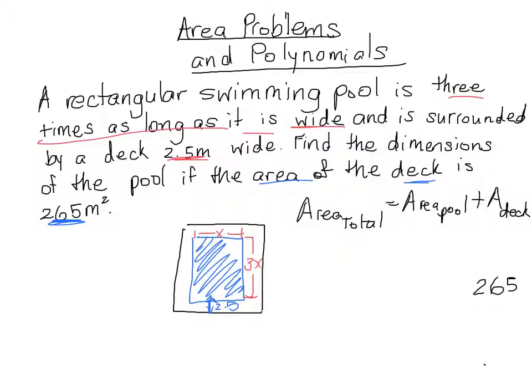As far as the area of the pool is concerned, we know from our diagram that the length of the pool is 3x and the width of the pool is x. So the area of the pool is 3x times x, which will of course give us 3x squared. All right, we're getting somewhere with this, and we're going to pause for a second.